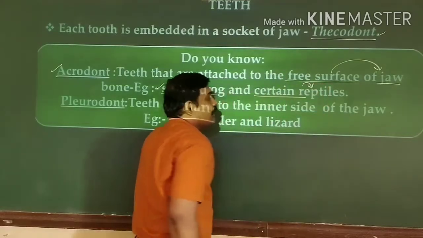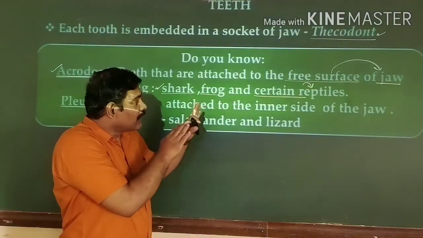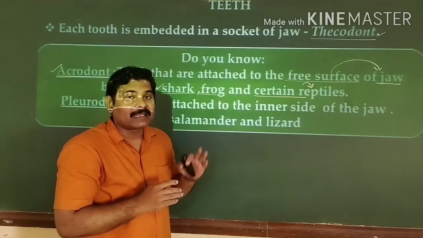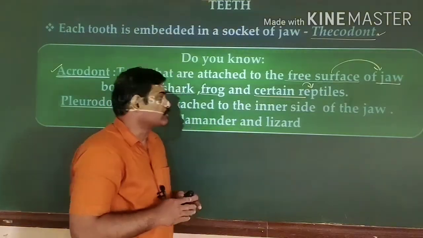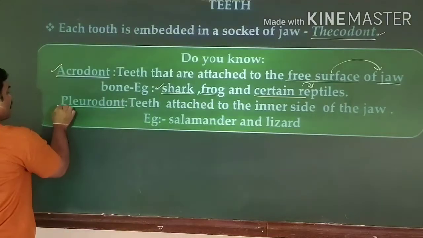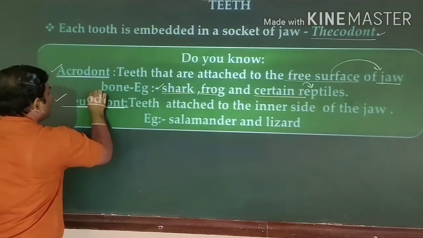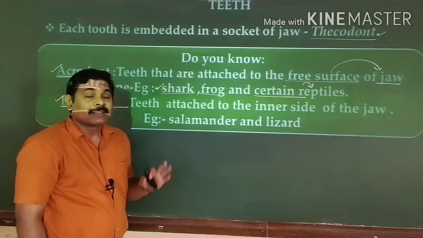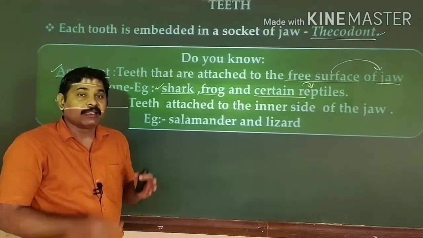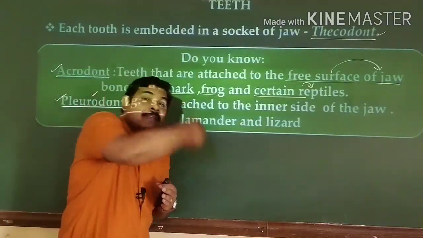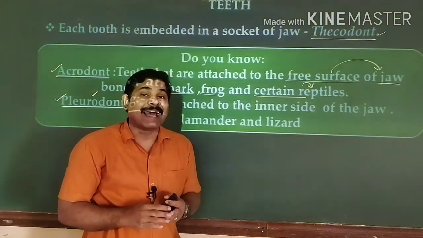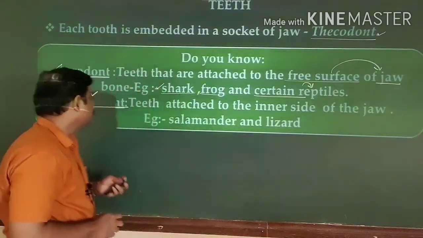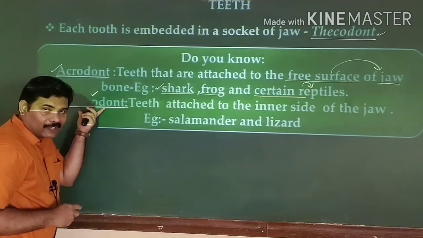In all these animals, the teeth are present on the surface of the jawbones. Thereafter, pleurodont dentition is one more important thing. In this, the teeth are present on the inner surface of the jawbone. Such a teeth arrangement on the jaw is known as pleurodont dentition.